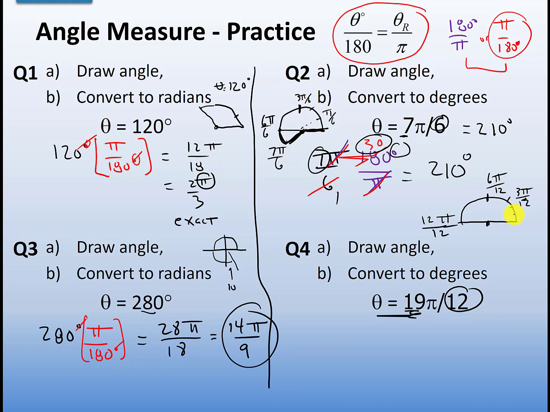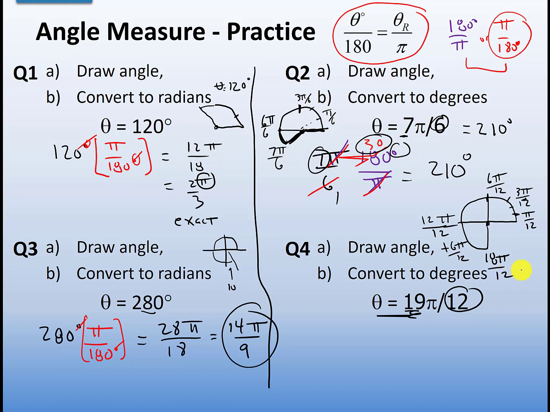So right here is 1 pi 12ths. It's really tiny. But I'm trying to get up to 19. So if I take this, is 90 right here. So if I add that and go all the way around, that's like adding 6 pi 12ths. So that's going to be 18 pi 12ths.